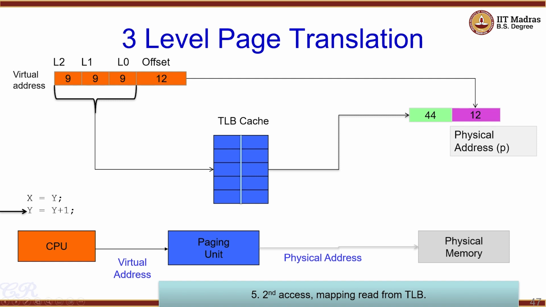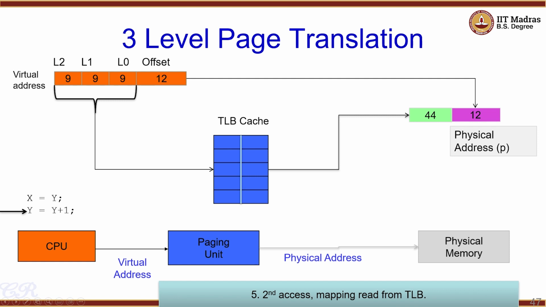So the virtual address is almost similar because you are accessing the same address in this case. With the 27-bit virtual address, you would just look up the cache present in the memory management unit, the paging unit, and directly obtain the 44 bits of page frame number, right.